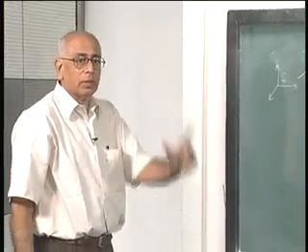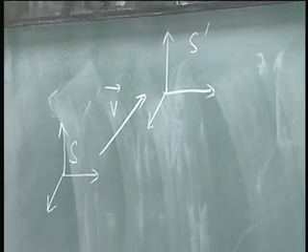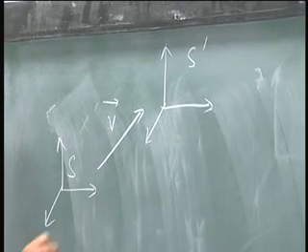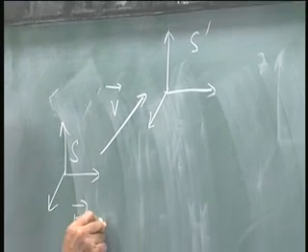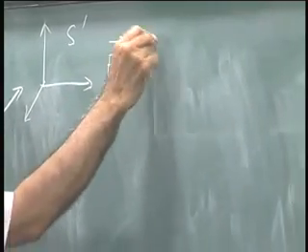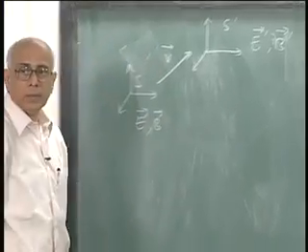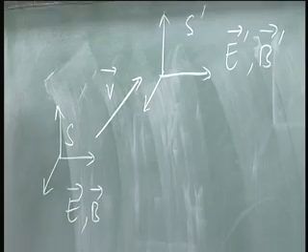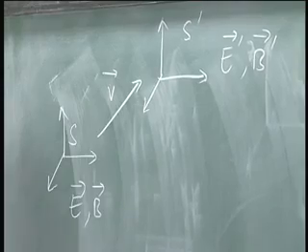So this frame S prime is not moving along the x axis of the original thing, but in some general direction. Then the electric and magnetic fields in this frame, if I denote those by E and B, and those in this frame by E prime and B prime, these are related by linear transformations which look like this.